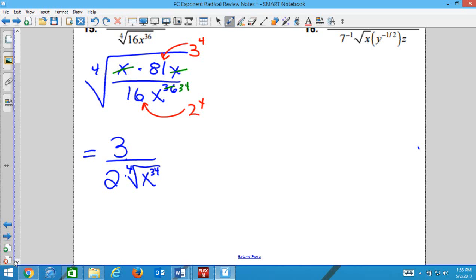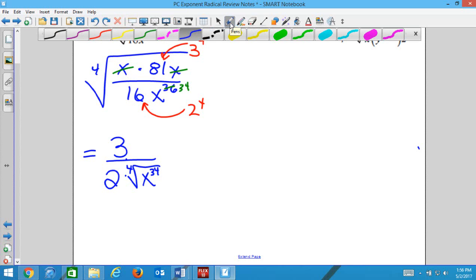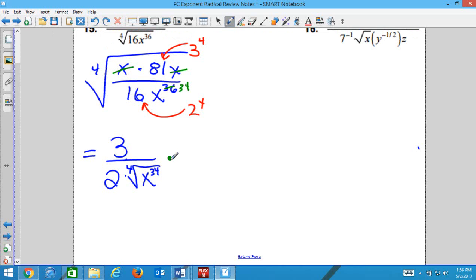Does 4 go evenly into 34? What does 4 go evenly into? Bigger than 34. 36. So if I made that into 36, 4 would go evenly. So can we rationalize?